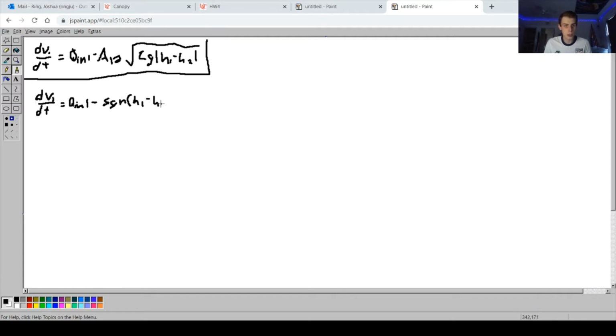And this is really the only difference in the formula that we have, so we can keep the rest the same. So this will be minus, or being subtracted from, the area of the pipe between the two, being multiplied by the square root of 2g, and then in our absolute values, H1 minus H2.